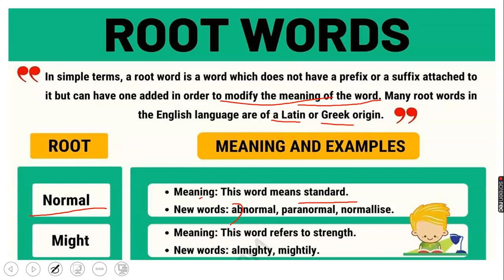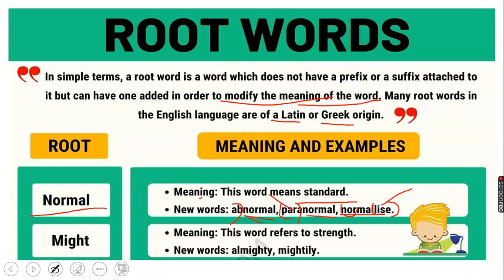So we have ab. You add ab to normal, it becomes abnormal. You add para to normal, it becomes paranormal. You add ize to normal, it becomes normalized. So you can see that the moment you have either suffix at the back, prefix at the beginning, the word has changed, and you have a new word.